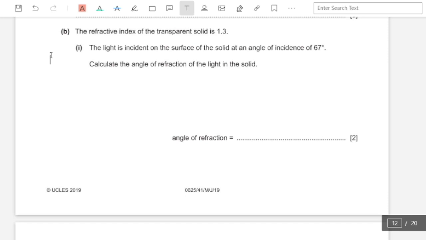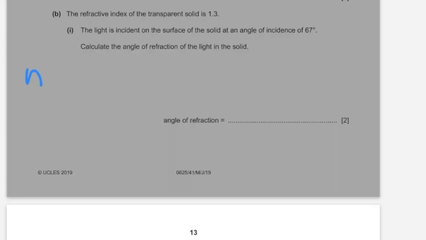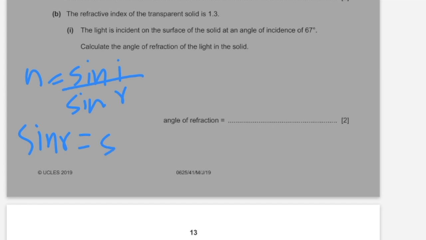Alright, so we have the formula of refractive index as sine i over sine r. I'm using this because the light is traveling from a rarer medium, which is air, to a denser medium, that is the solid, and I'll have to shift it, that is sine r is equal to sine i divided by the refractive index.